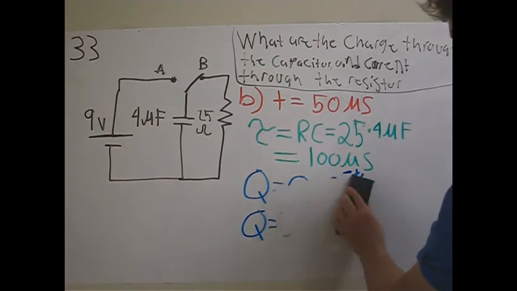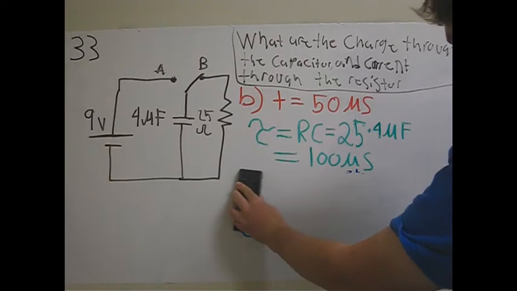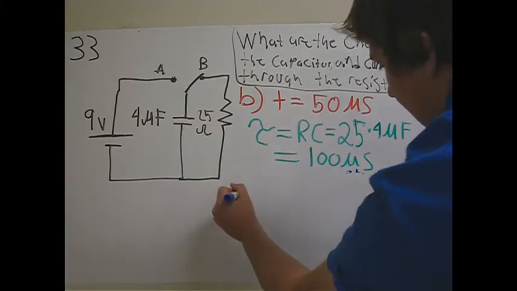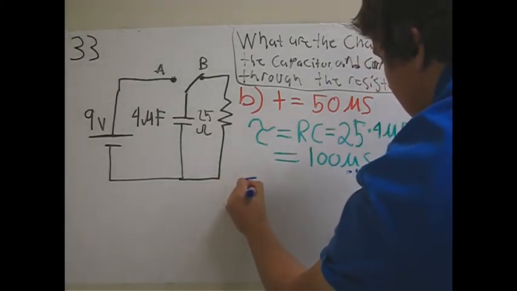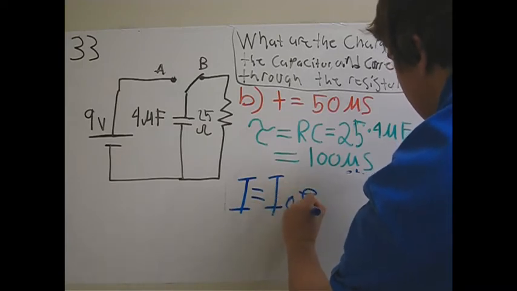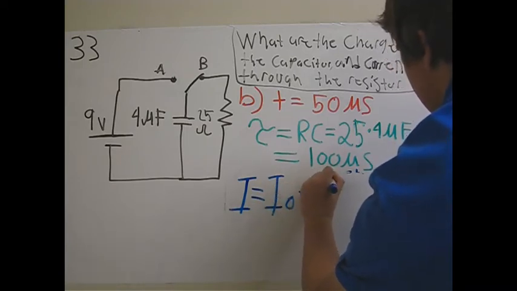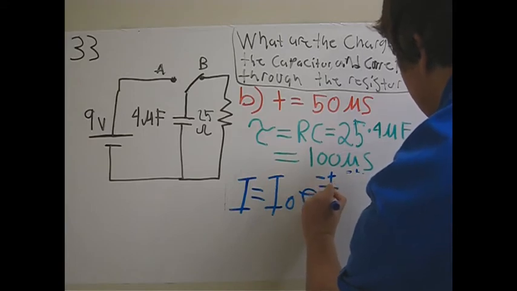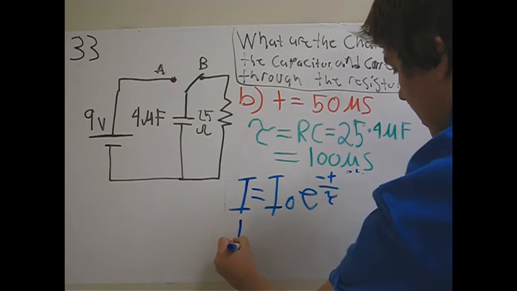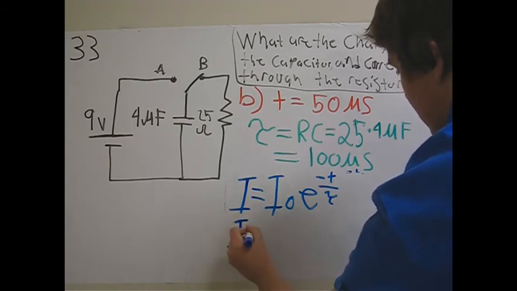We have I equal to I naught e to the negative t over tau. So we have I naught from the last problem as just 0.36 amps.